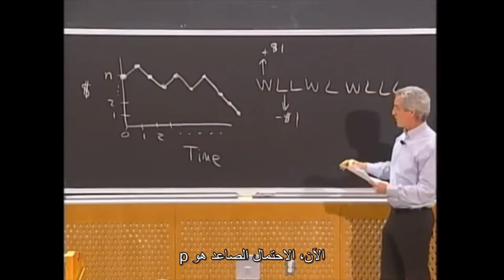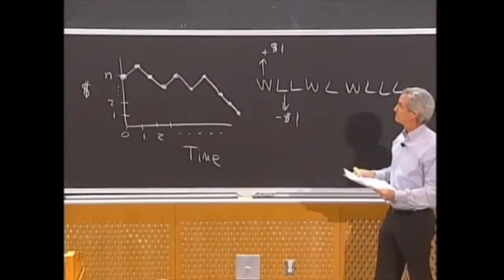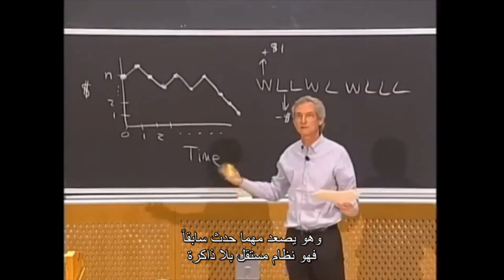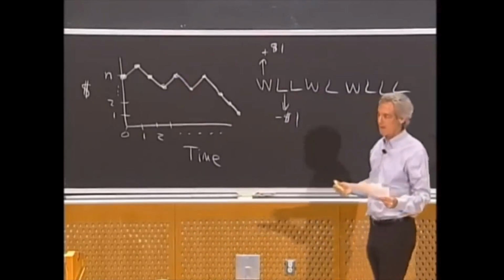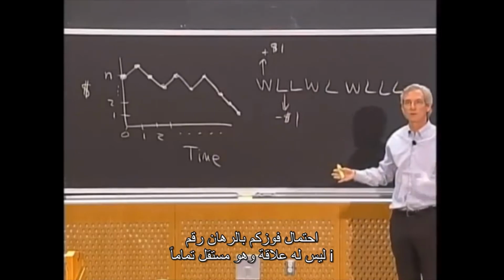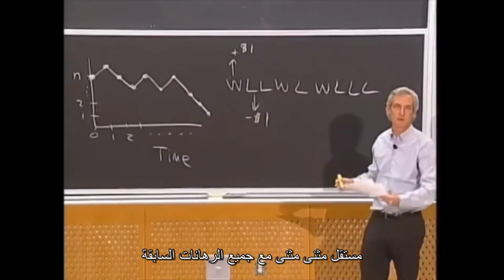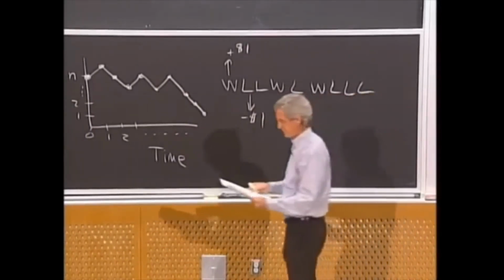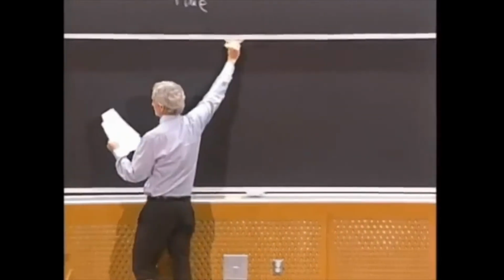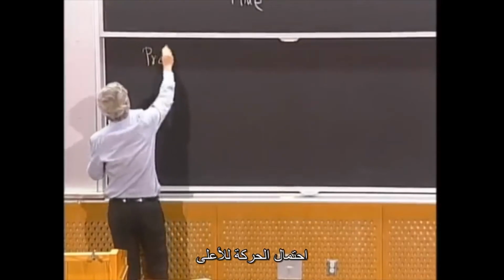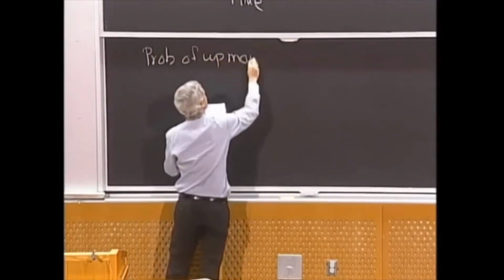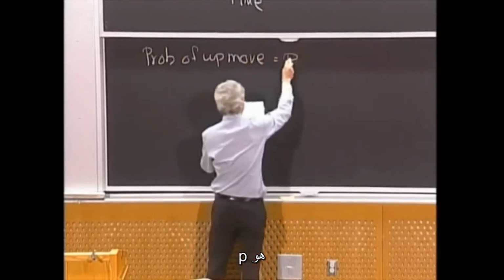Now, the probability of going up is p, and that's no matter what happened before. It's a memoryless, independent system. The probability you win your ith bet is totally independent, mutually independent of all the other bets that took place before. All right, so let's write that down. The probability of an up move is p.